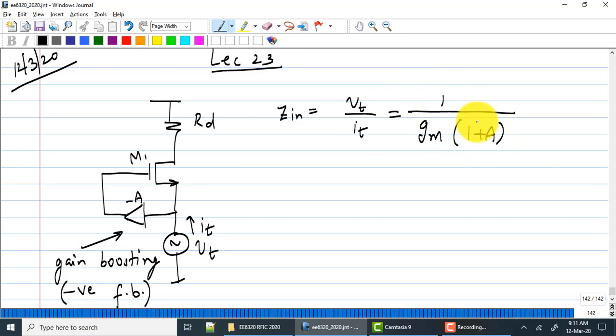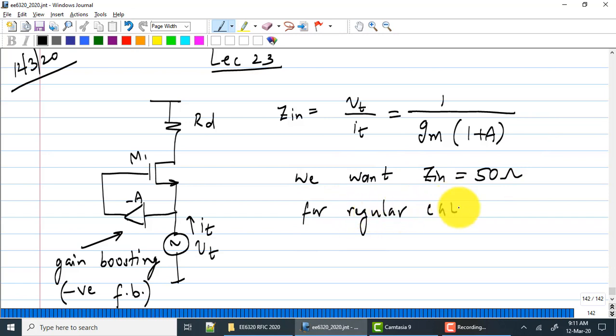So if you have a gain A, in our case, we want to build an LNA. We want 50 ohms, right? In the original common gate structure, we specifically designed the GM such that it is 20 millisiemens, which is 1 over 50 ohms.